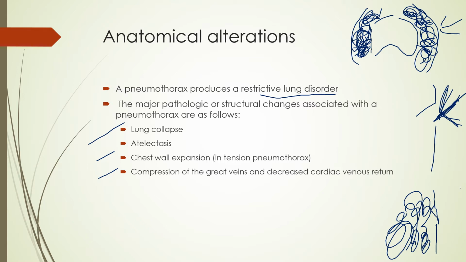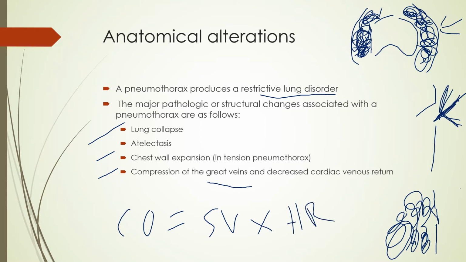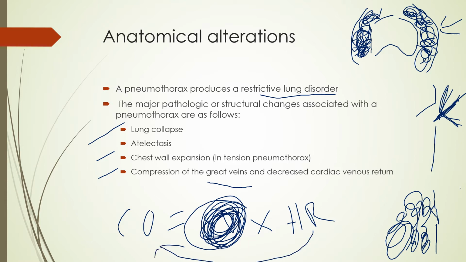If this continues on, compression of the great veins, right, your vena cavas, your superior and inferior vena cavas, can decrease your cardiac and venous return. So what would you see with the heart rate? Remember, cardiac output equals stroke volume times heart rate. Okay, so if we are not supplying the heart with volume, what's going to happen to your heart rate to compensate for your cardiac output?